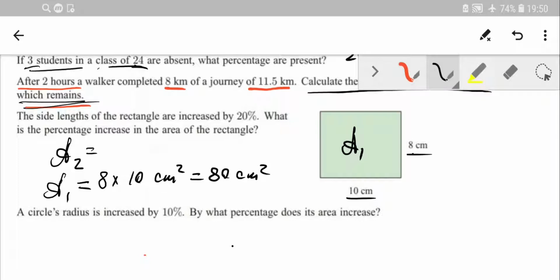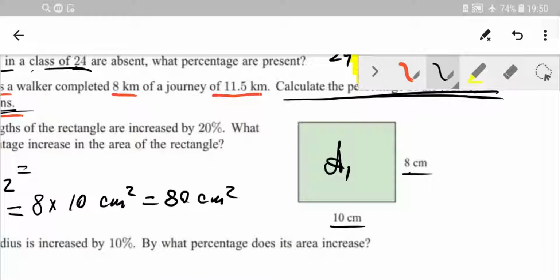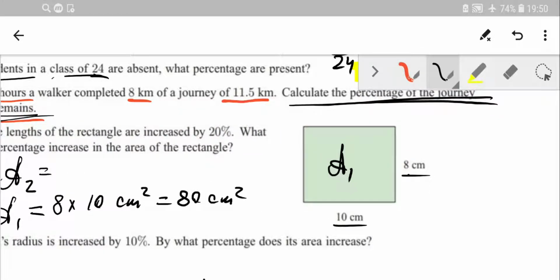And now let's calculate after the increase by 20%. You need to calculate the final size, knowing that each side represents a 20% increase. So this is a 20% increase here and here.